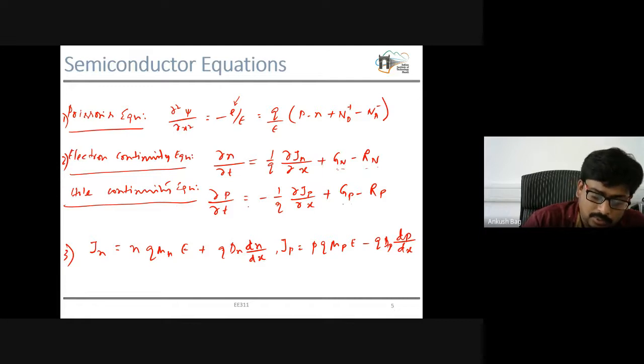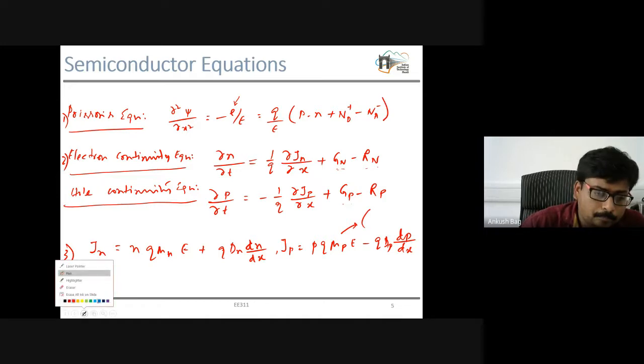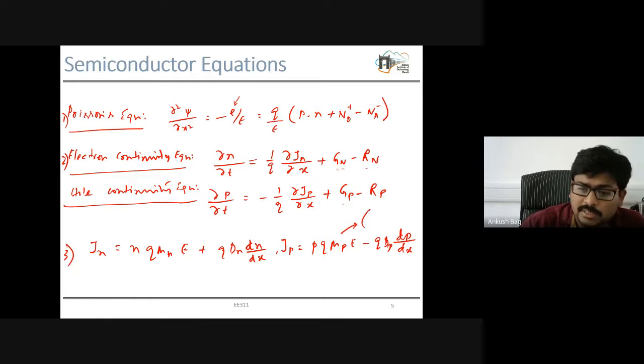Now you can see, to calculate these equations, a few other constant values that we need to know. For the hole current and electron current density, we need to know the mobility, like electron mobility or hole mobility, as well as the diffusion constant.